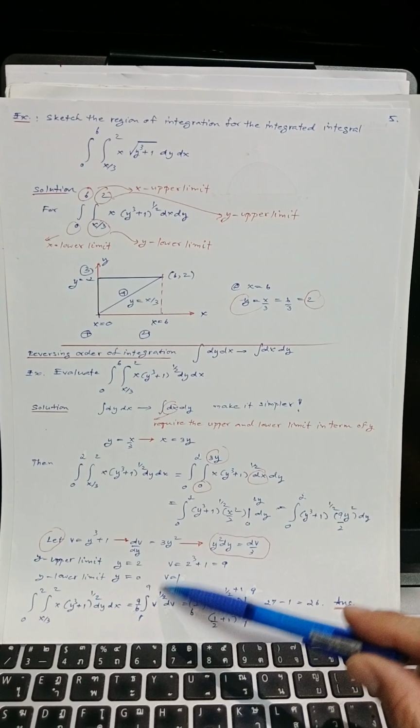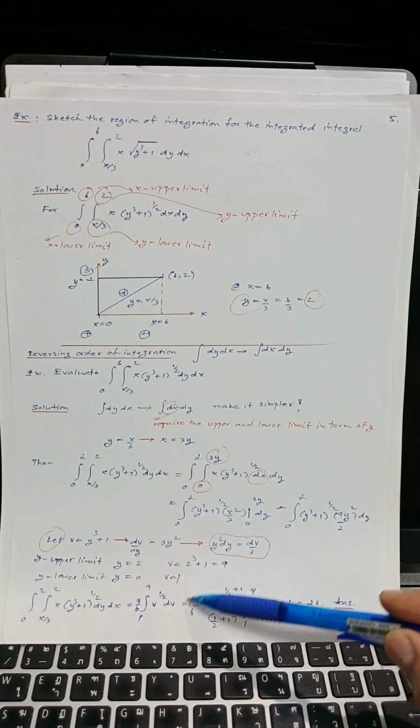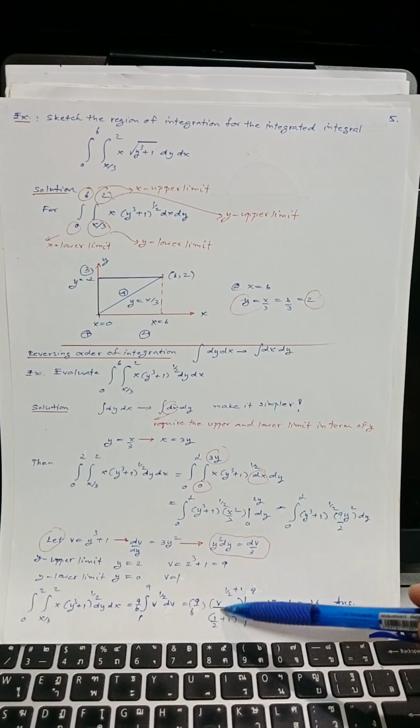And here you already have v to the 1.5, because we put v equal to y cubed plus 1. So you end up with v to the power of 1 over 2 plus 1, divided by 1 over 2 plus 1.